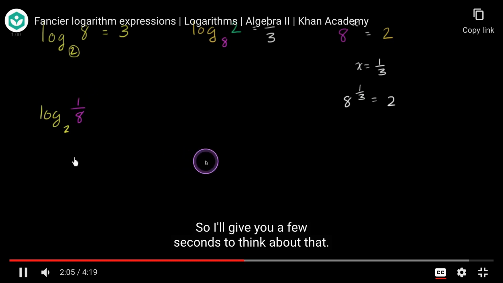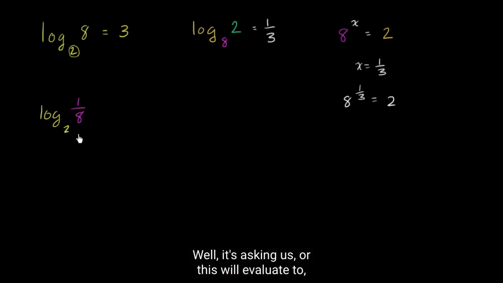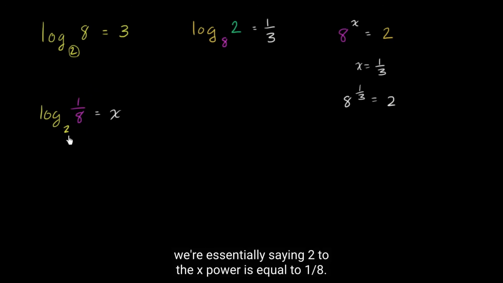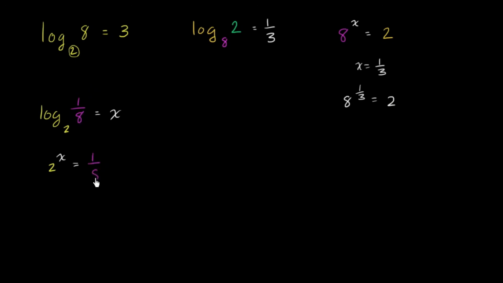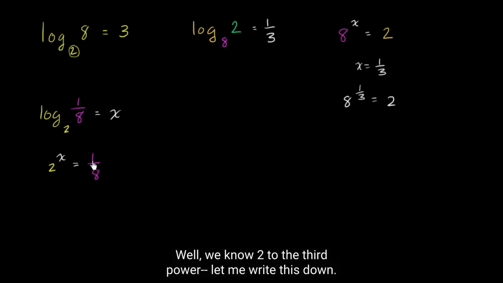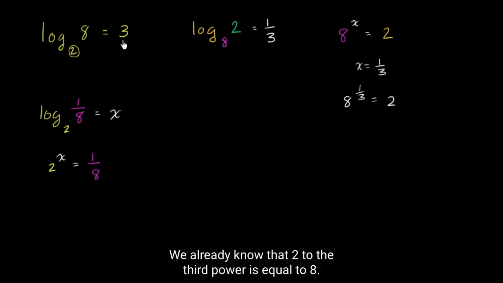Well, it's asking us, or this will evaluate to, the exponent that I have to raise 2 to get to 1/8. So if we set this equal to x, we're essentially saying 2 to the x power is equal to 1/8. Well, we know 2 to the third power is equal to 8.